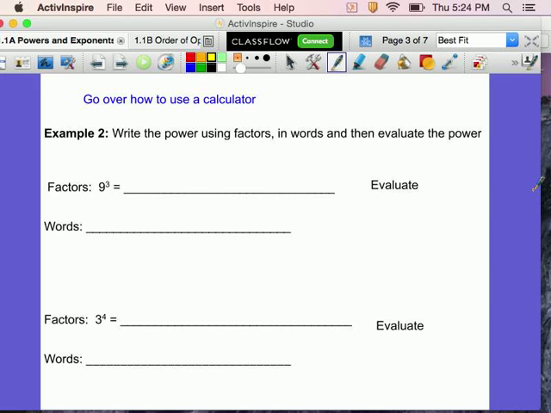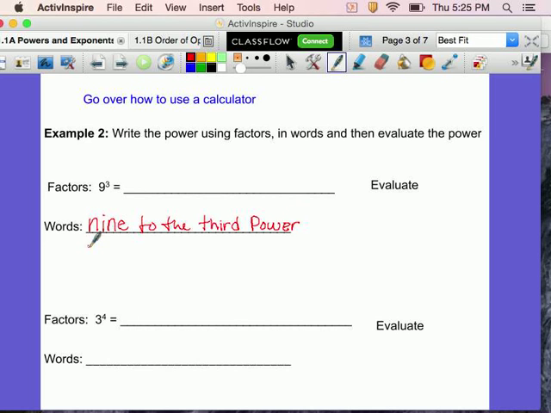So we're going to be able to not only write in exponential form, I want you to be able to evaluate and read powers as well. So this right here is 9 to the third power in words. That's one way. So one way to do that is 9 to the third power.